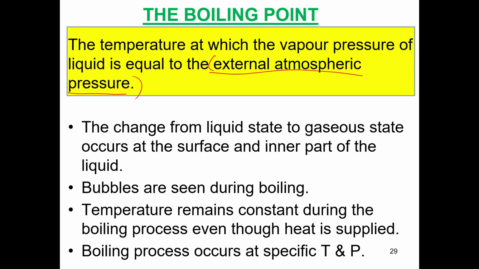Kalau kamu masak air di hostel dengan masak air di atas Gunung Kinabalu, berbeza kan boiling point dia, temperature yang berbeza sebab atmospheric pressure-nya tak sama. So liquid change to gas, occurs at all parts in the liquid. So ada bubble. Temperature remains constant during the boiling process. Occurs at specific temperature and pressure.